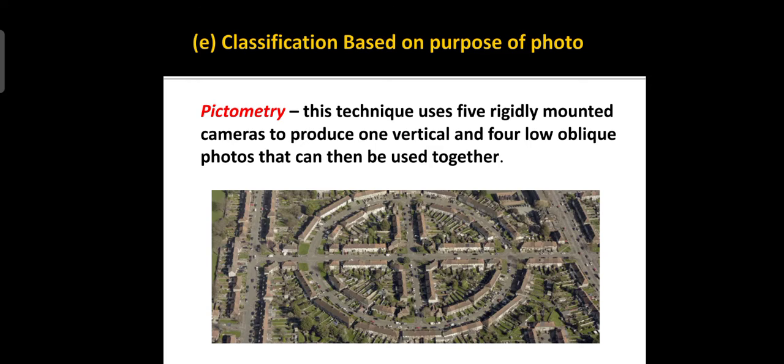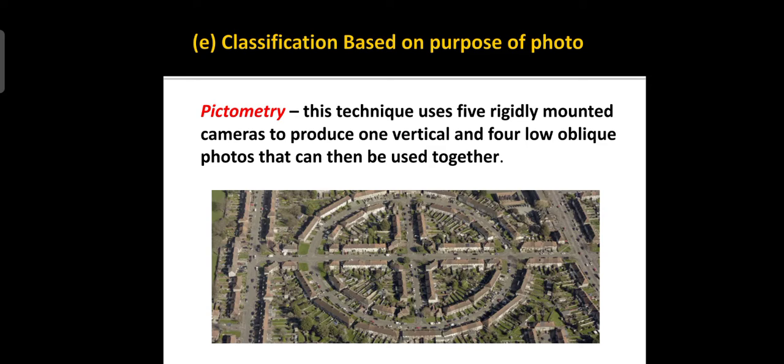Now pictometry. Pictometry is the name of a patented aerial image capturing process that produces imagery showing fronts and sides of buildings and locations on the ground. We generally use more than 5, up to 12 perspectives at a 40-degree angle, and these perspectives can be stitched together to create composite area maps. Usually we use 5 rigidly mounted cameras.